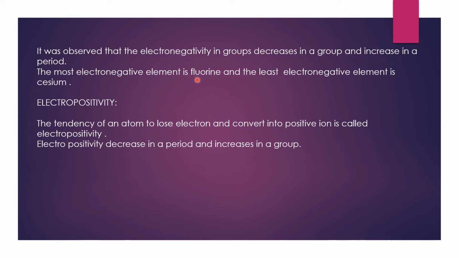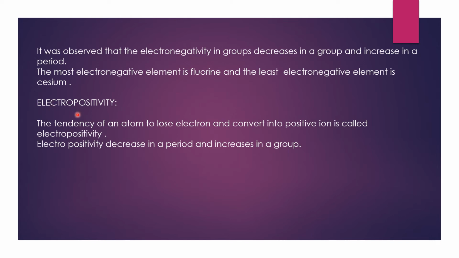Since electronegativity decreases in a group, the first group of elements will have the least electronegativity values, and among them cesium has the least electronegativity value.